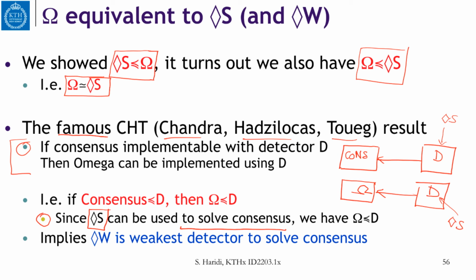In fact, the result also implies that diamond W, which we have shown is equivalent to diamond S, is the weakest failure detector to implement consensus.